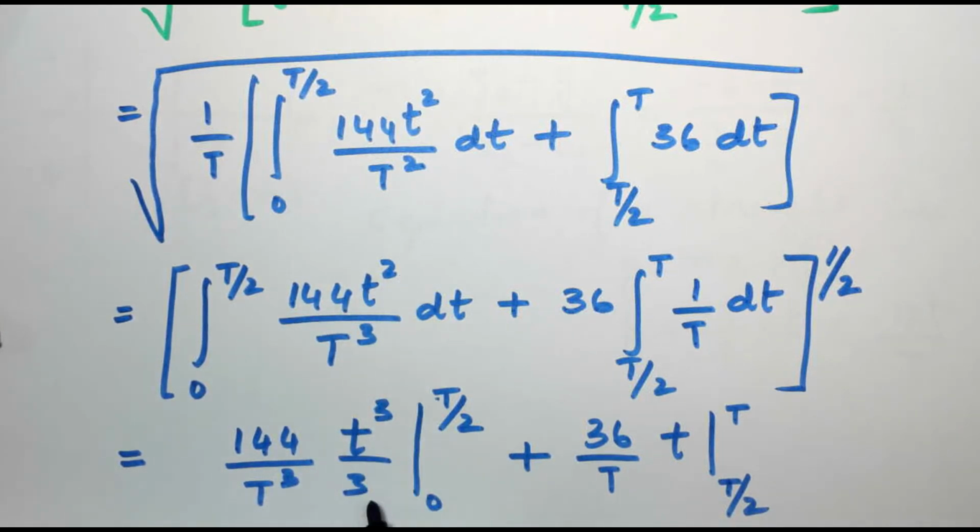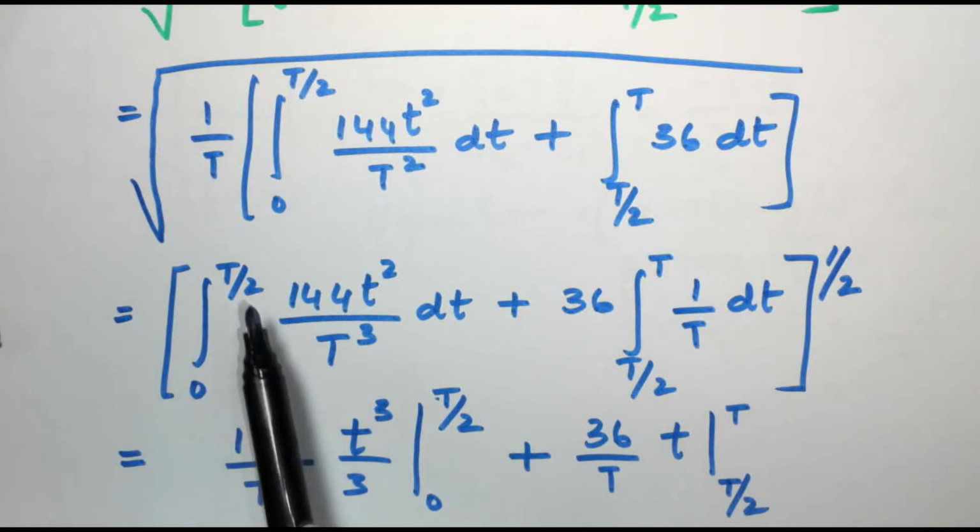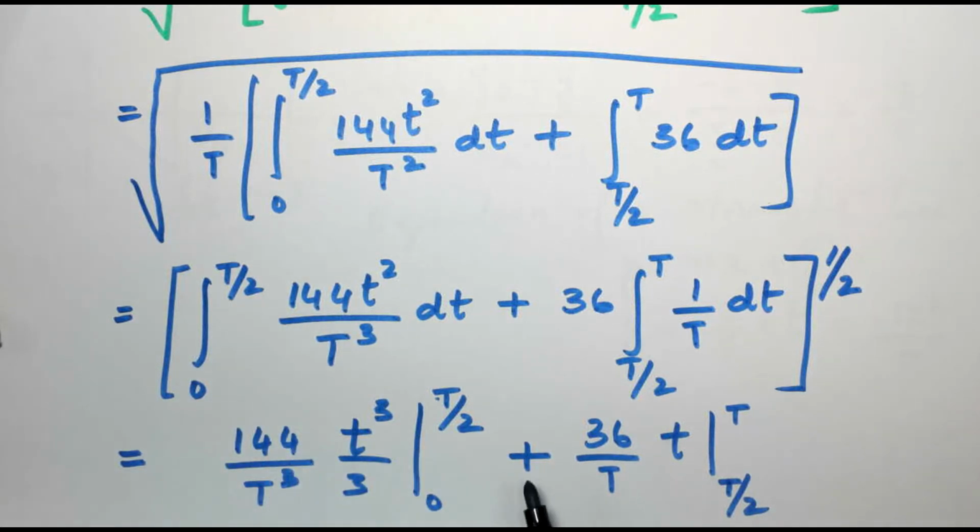Integral of t square is t cube by 3 at the limits of 0 to T by 2. And then plus we have 36 by T as the constant. Integral of 1 is t at T by 2 to T. So this is our statement.